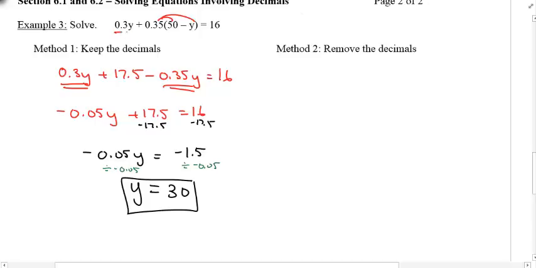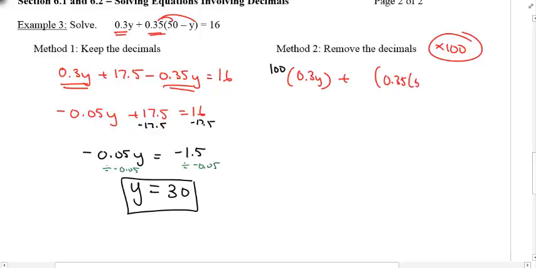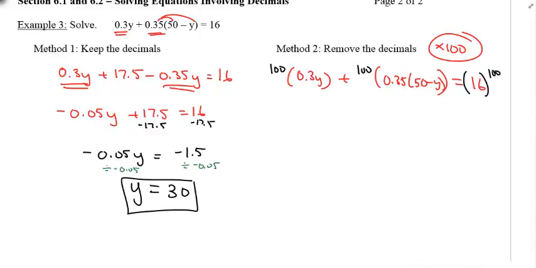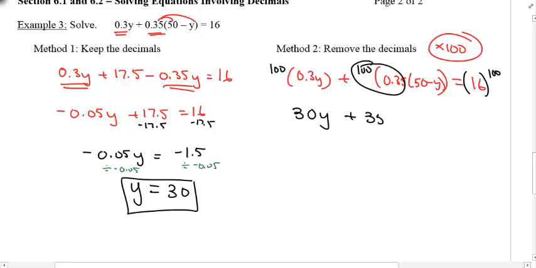Removing the decimal, I see a 0.3, which is 3/10, a 0.35, which is 35 hundredths, multiplied by the largest, that would be 100. So that becomes 30y. There's only these two get multiplied together, so 35.